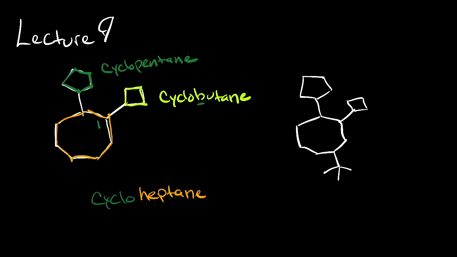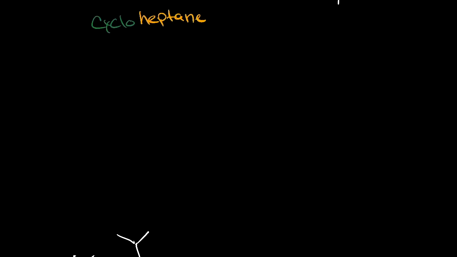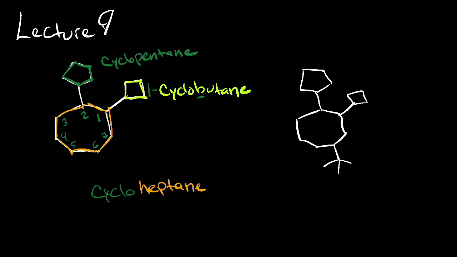So that ends up getting 1, 2, 3, 4, 5, 6, 7. And we number that small ring that way. So that would mean that our two substituents are going to be a 1 cyclobutane and a 2 cyclopentane.